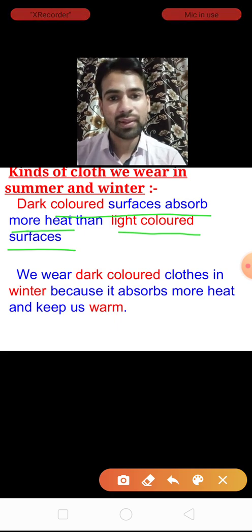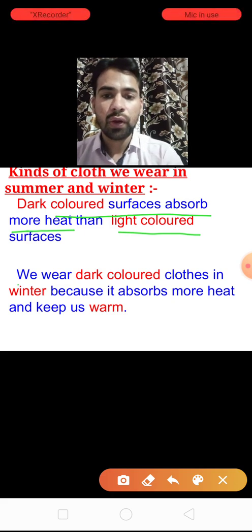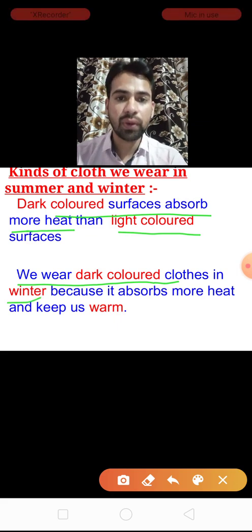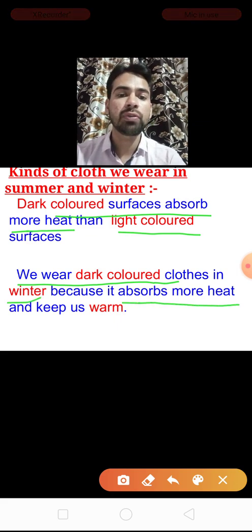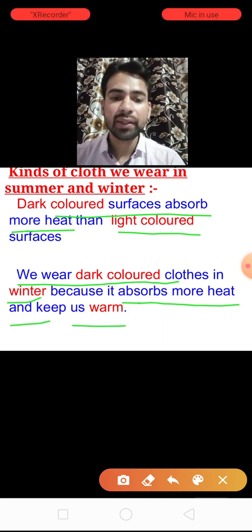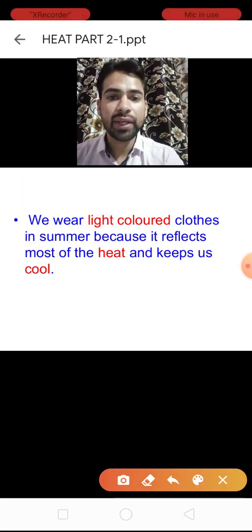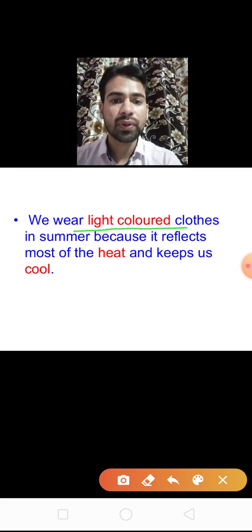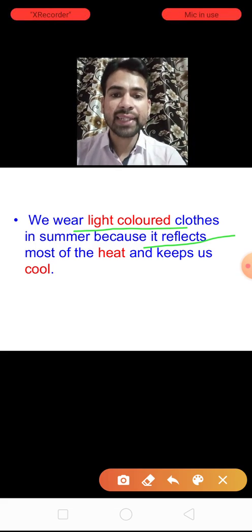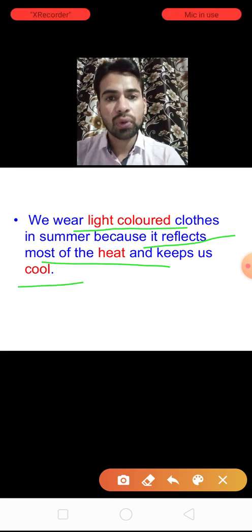Clear? Now see once again on your screen, we wear dark color clothes in winter because they absorb more heat and keep us warm. But in summer we wear light color clothes because they reflect most of the heat and keep us cool.